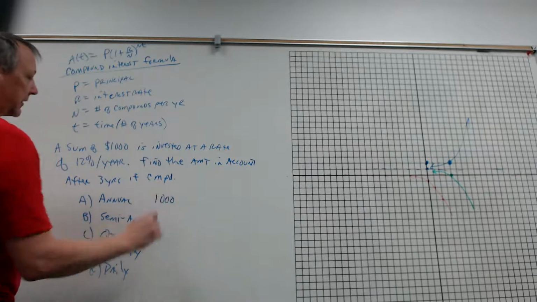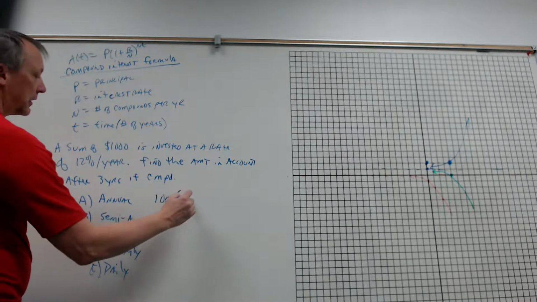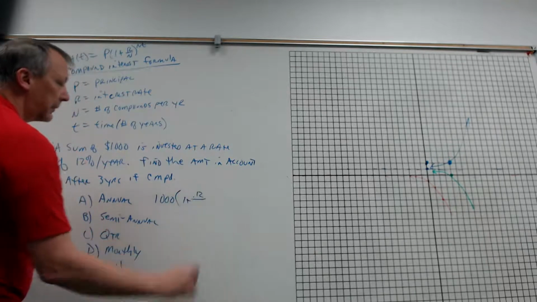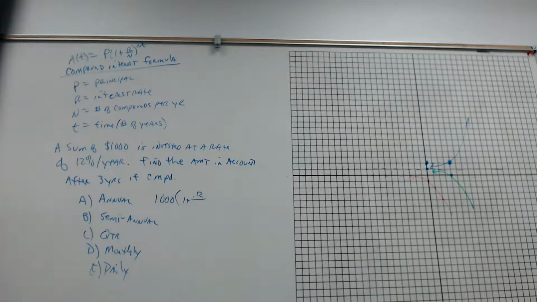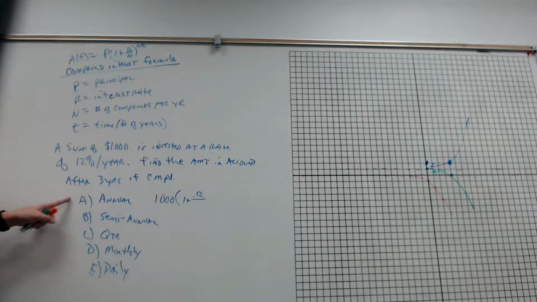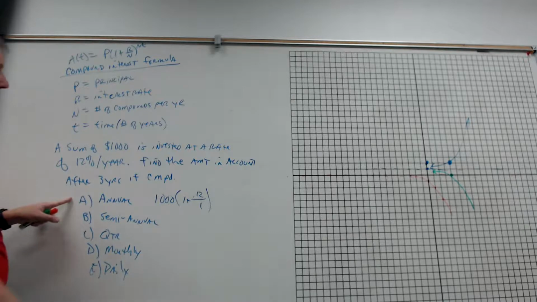And then in your parentheses, you'll have 1 plus 0.12 over, we're doing annual, so it'd be over 1. And then the 1 again is part of your exponent times 3.